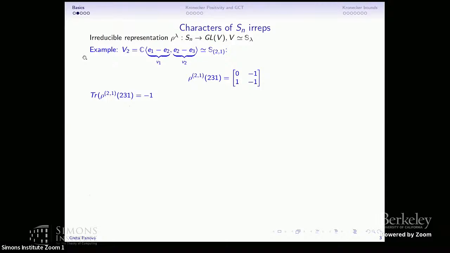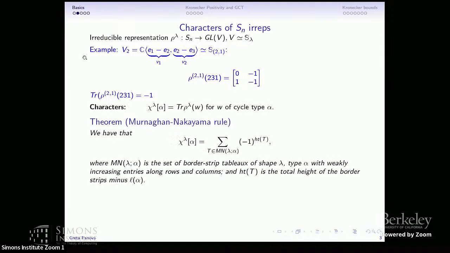In this particular example, the trace is going to be -1. And for a given representation, the traces of the elements actually determine the representation uniquely, thanks to various properties, the orthogonality of characters and so on. So instead of dealing with the whole matrices of the representation, we can deal with the characters.